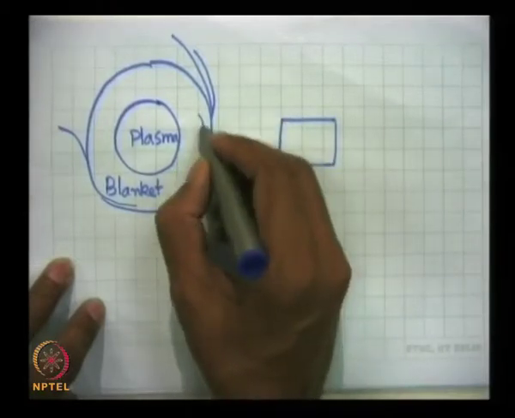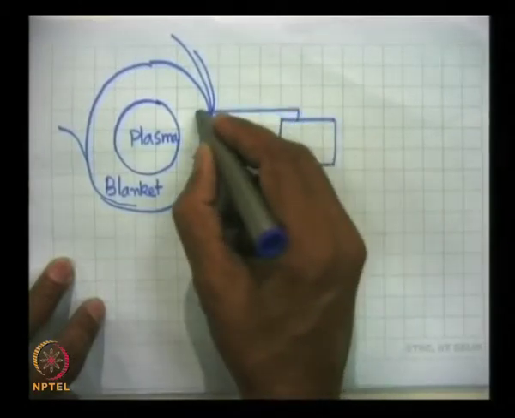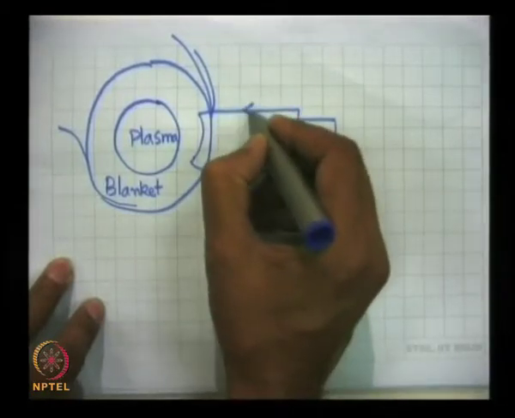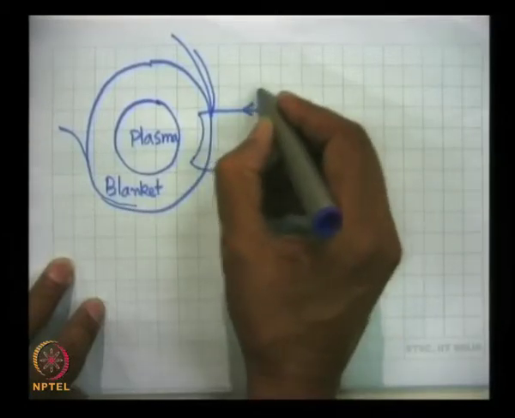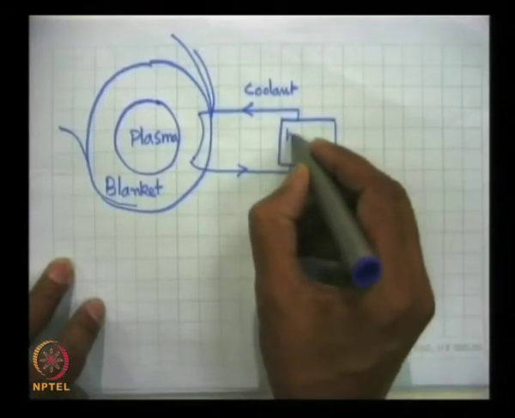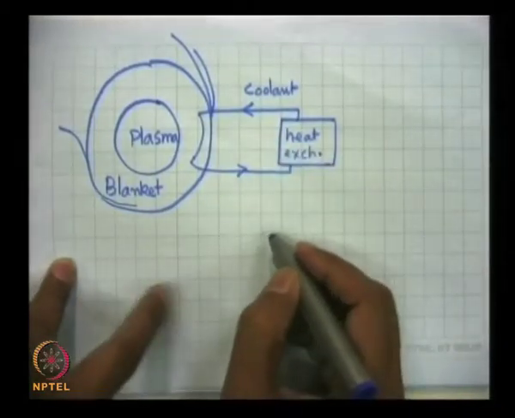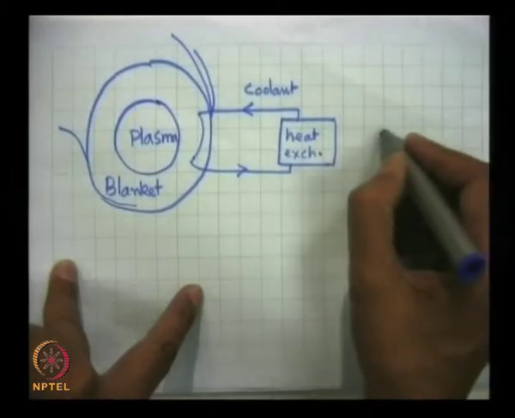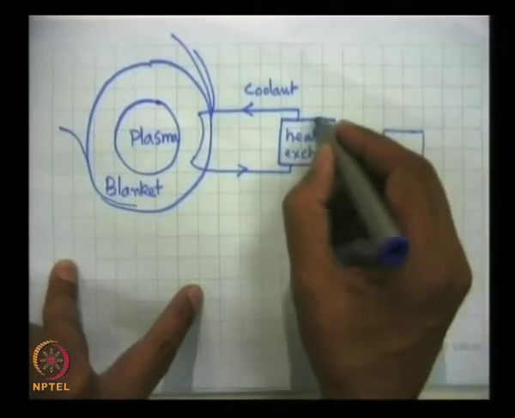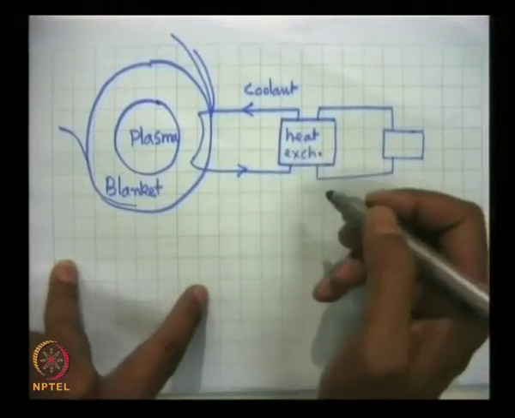So, in this there will be a coolant which will be bringing in here and taking heat from here into here. So, this is a coolant, and this we call heat exchanger. Well, this has to be coupled to a turbine, because this heat energy has to be converted to mechanical energy.